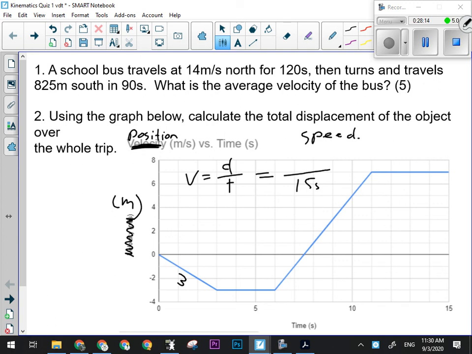How far does it go here? 0, because it's flat. Then it goes from negative 3 to positive 7, so that's 10 meters. How far does it go here? 0. So my total distance is 13 meters divided by 15 seconds.